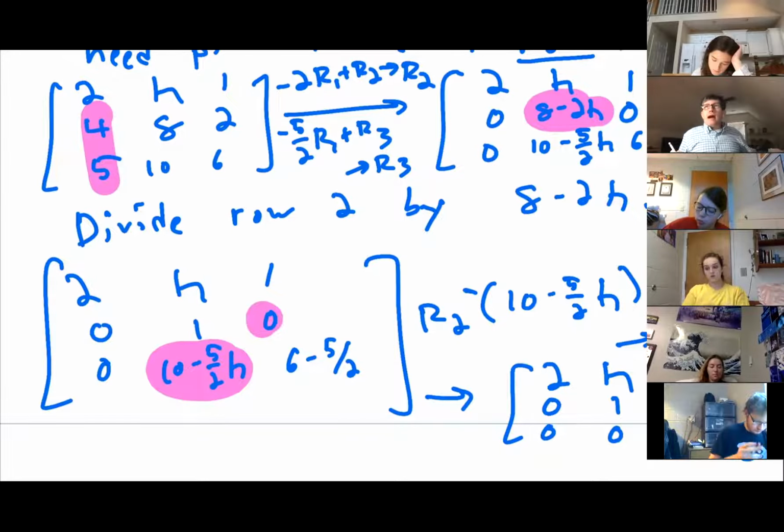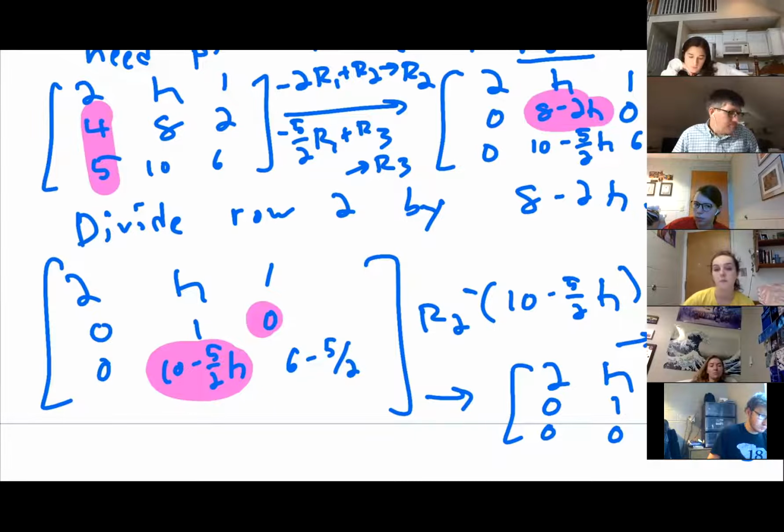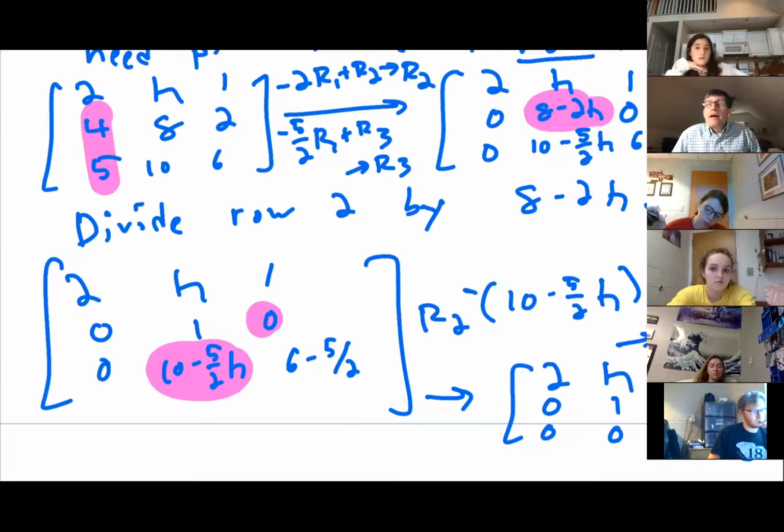All right, so I'm very close to being done here, I think. Does it look like it was possible to get a pivot in every row? Totally. Is there any value of h that would be bad, that would make this process break? And there is one. Whenever I divide, what do I need to make sure I'm not dividing by?